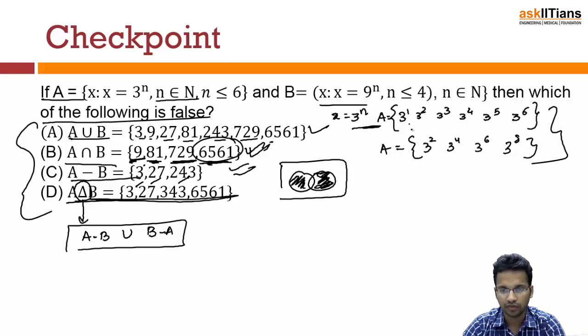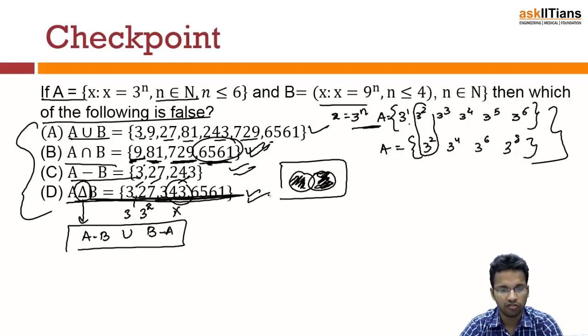Now again, we have to basically remove the elements which are common. So there should not be any even power. So this is 3 raised to power 1, 3 raised to power 2 here. Now this is not present anywhere. 2, 4, 3, right? 3, 4, 3. So this won't be present in this set. So this should be the right choice.